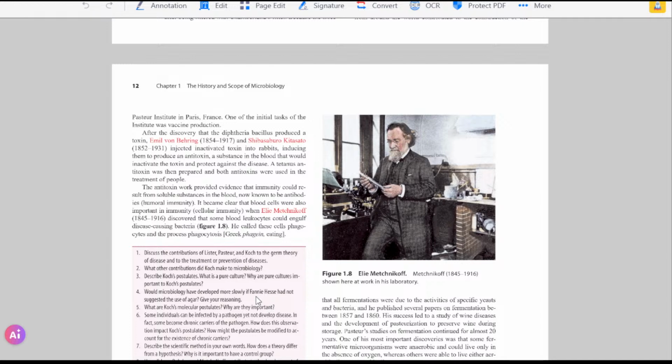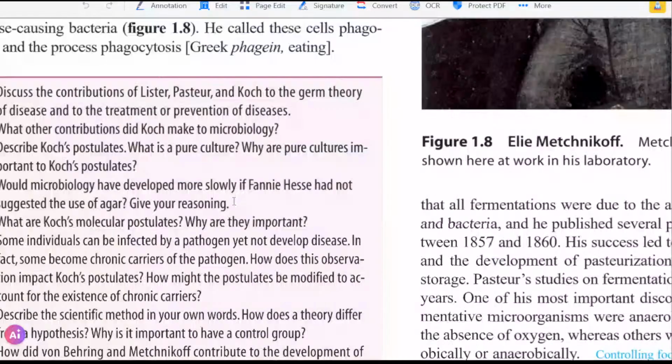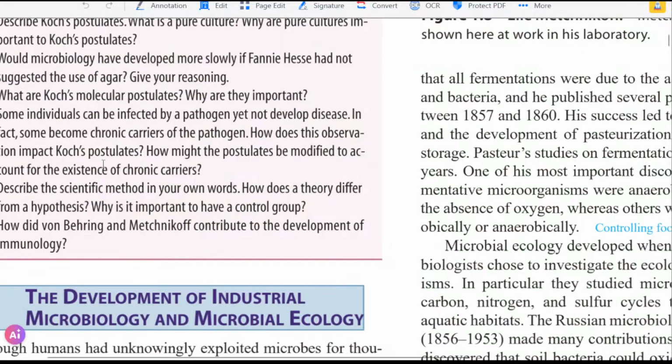But after that they found out that blood leukocytes, you can say white blood cells, are also responsible for immunity, and it is done by the process known as phagocytosis, right? The phagocytosis occurs in the macrophages. I don't know.